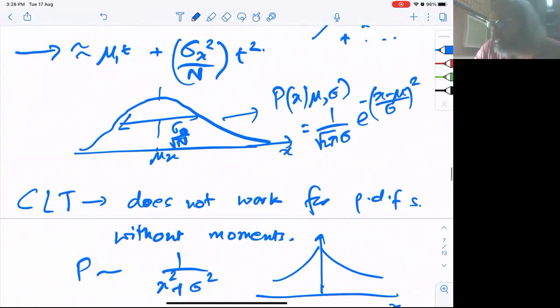If I ask what is the probability of getting a certain number xi from my data, you replace x by xi, and that gives you the probability. This is the only thing you need to know.